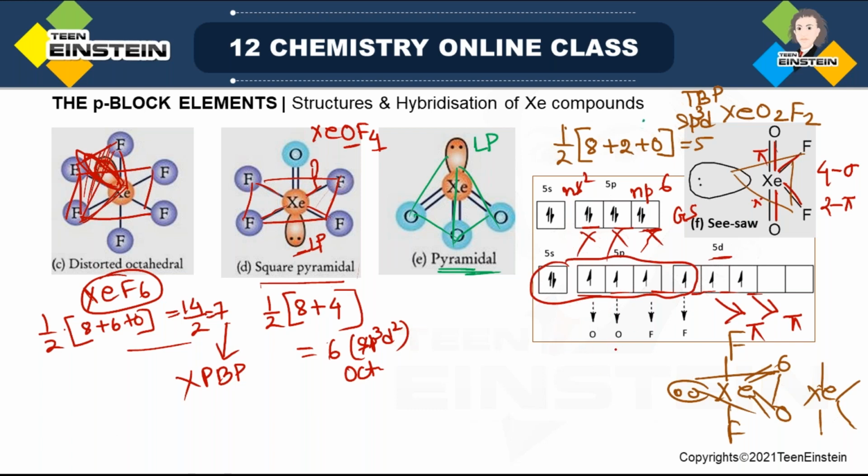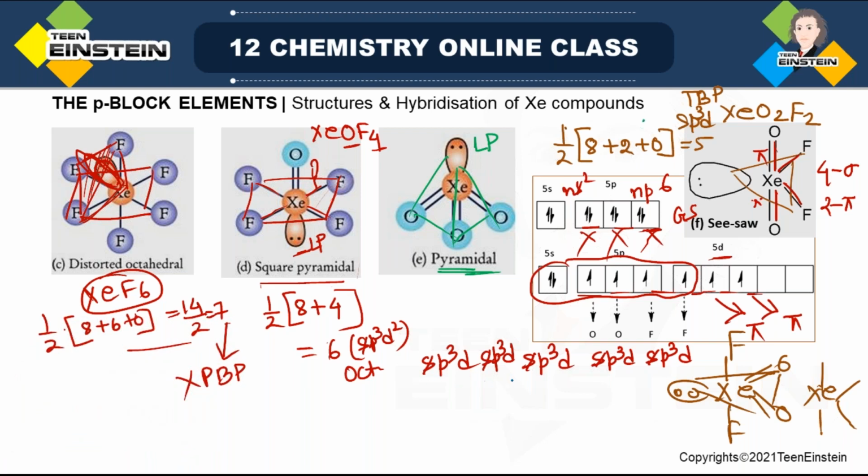Now when you are doing the sp3d hybridization, there will be a total of 5 sp3d orbitals.